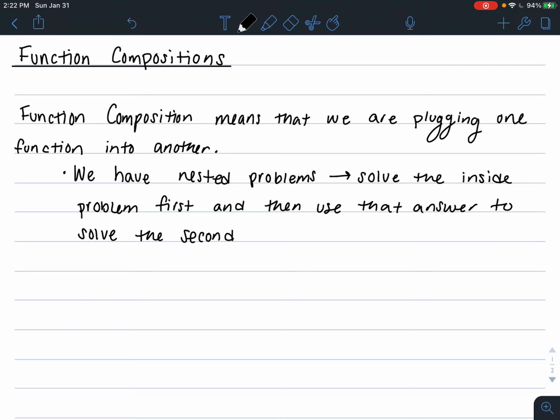Now there could be more than two problems, like 3 or 4. You can have a ton of function composition going on, but in the most basic sense, there's usually just 2. You do the inside one first, and then you use that answer to solve the second one.